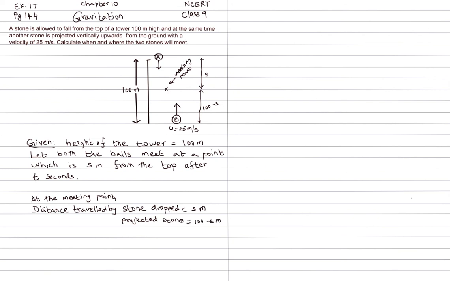Now let us substitute using the equation of motion. Let us divide the page in two halves, one for the dropped stone and one for the projectile stone.